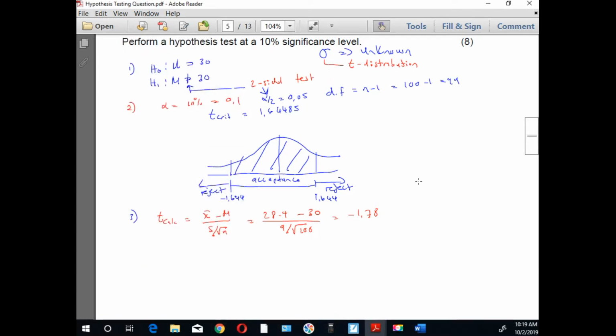So as you can see, step 4, we compare our critical value and our t-calc.